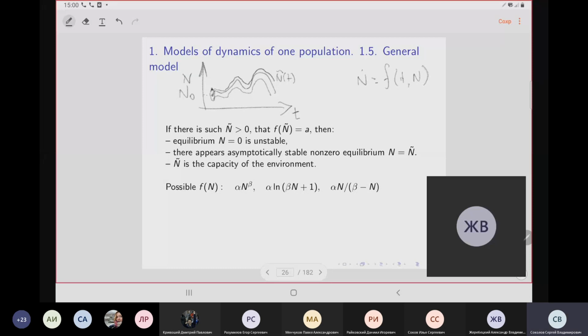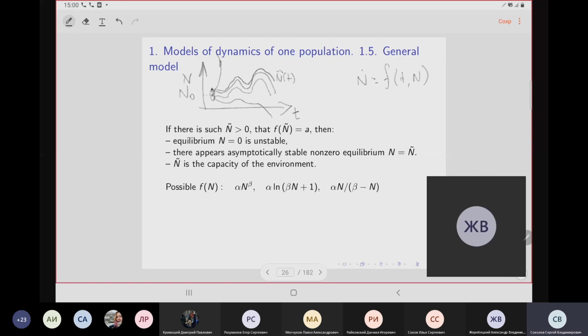If solutions starting from some neighborhood go to infinity, or become far from our initial solution, then we say that the solution is unstable.